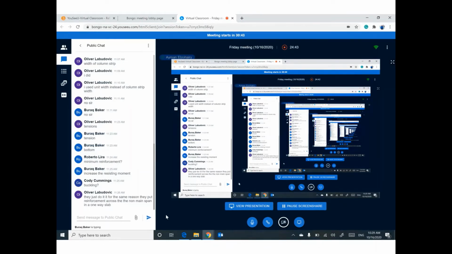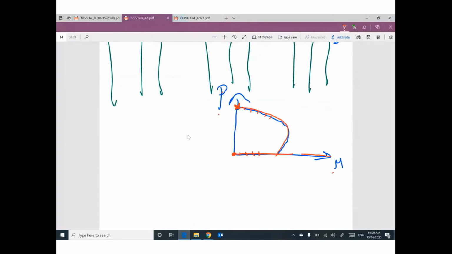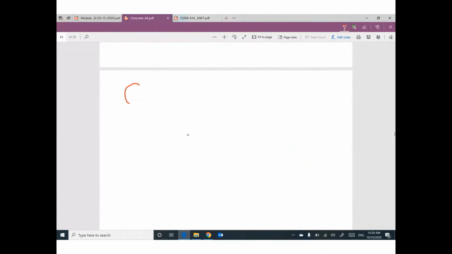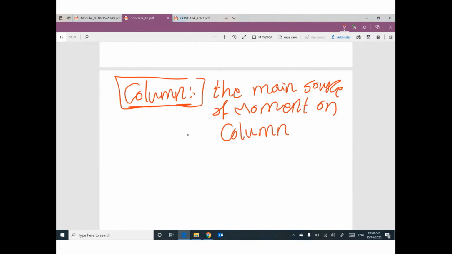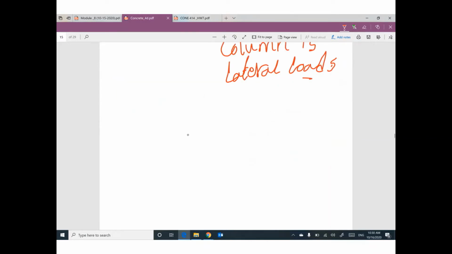No, no. Okay, guys, I will explain it. Right now, I'm talking about columns. The main source of moment on a column is lateral load, and the lateral load probably comes from wind or earthquake.